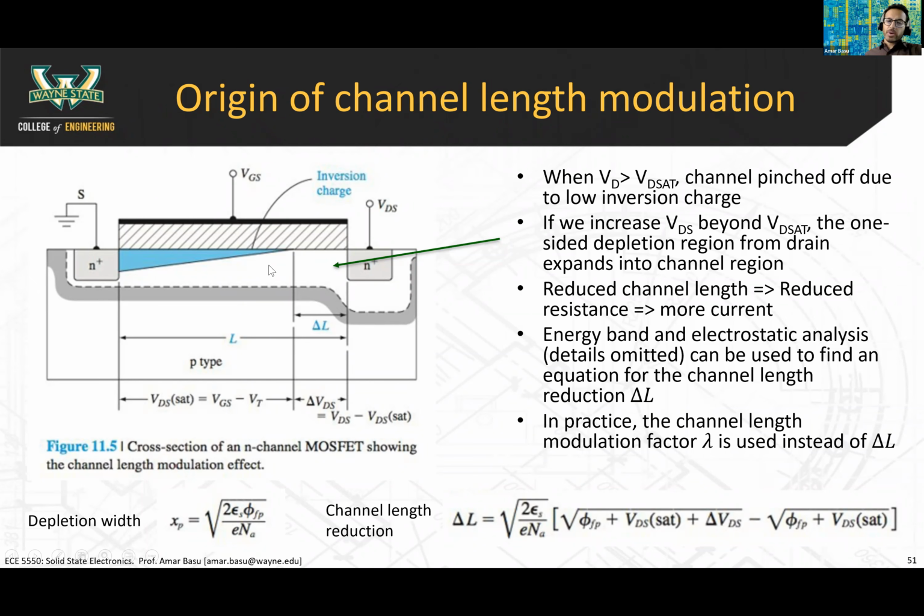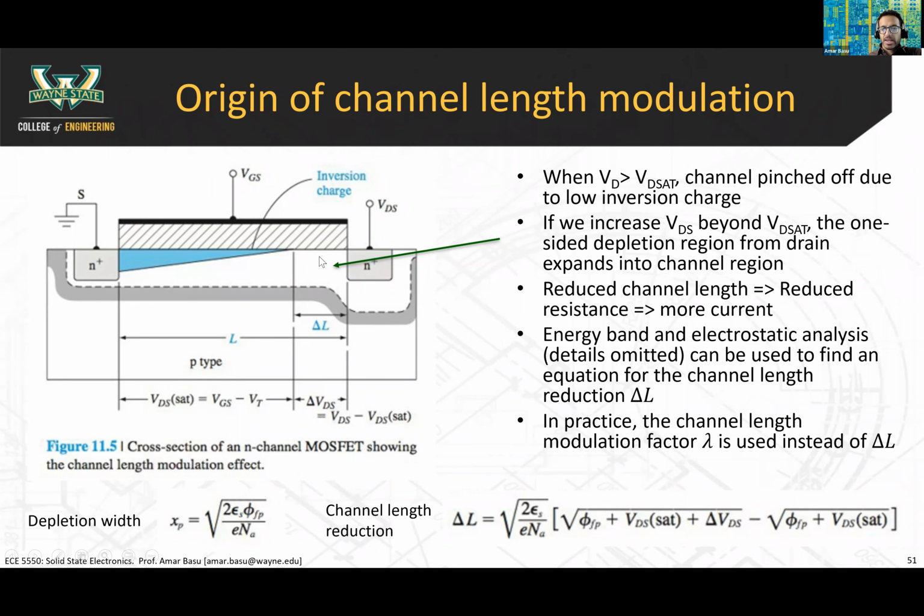When your VDS is larger than VGS minus VT, you can have a pinch off in the channel where there's effectively little to no inversion charge in a certain region. When you are in pinch off, we call that portion the pinched off region of the channel.